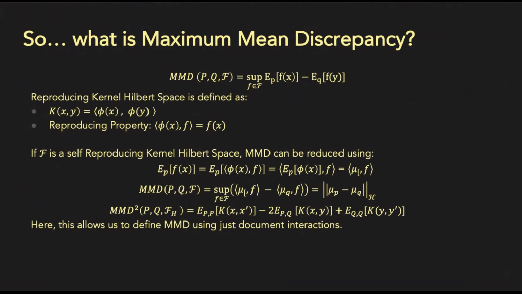What this lets us do is define MMD using kernel interactions of documents without having to calculate the underlying distributions or iterate over the space of functions, which is a pretty difficult task.